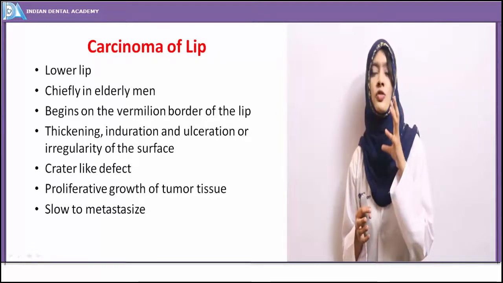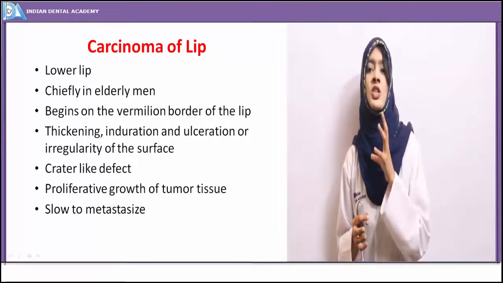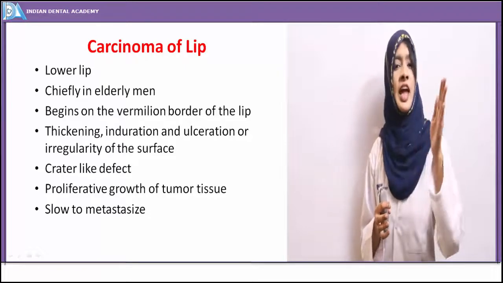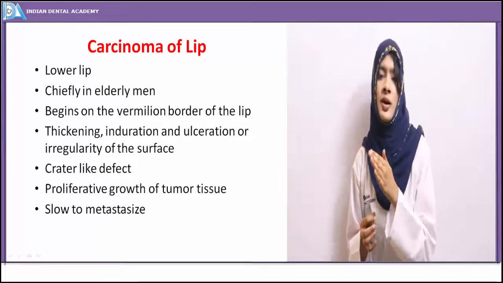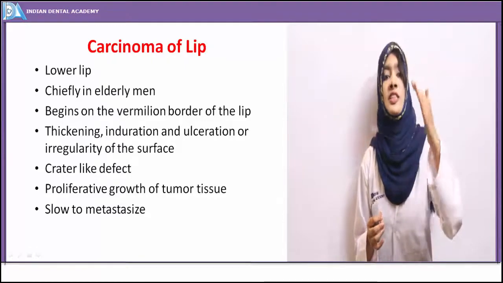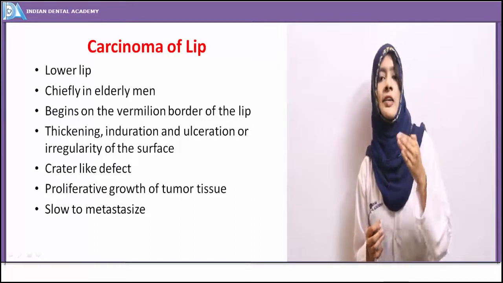Because of the presence of squamous epithelium and dysplastic features, it shows squamous cell carcinoma. So the histological features of any squamous cell carcinoma at any site will be the same; the dysplastic features will be present. We'll study the clinical presentation of this squamous cell carcinoma at various sites.